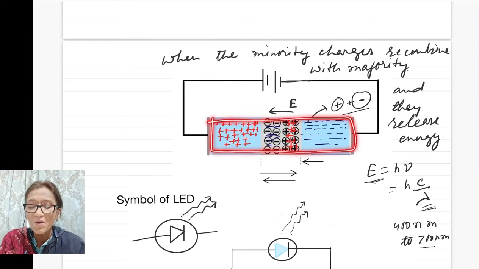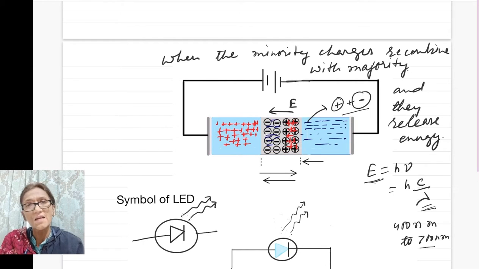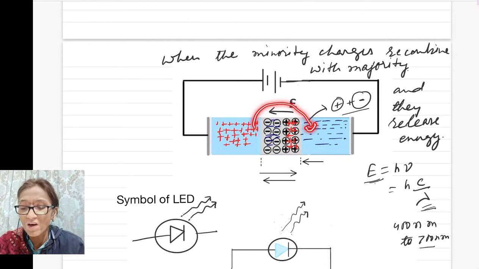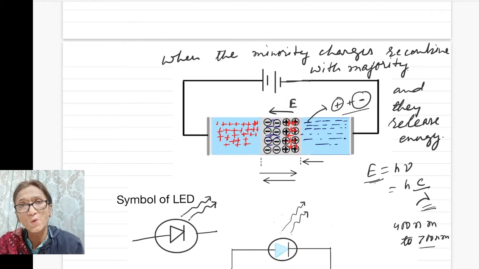Now in a general PN junction, when charges come from one side to another side and become minority, here the positive charge has become minority, it recombines with an electron, and due to recombination some energy is released.